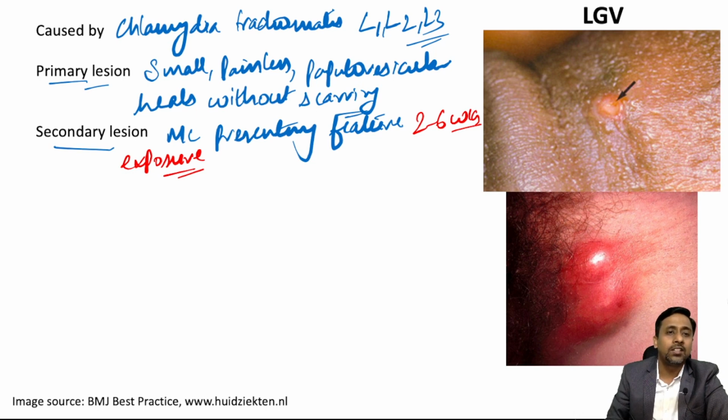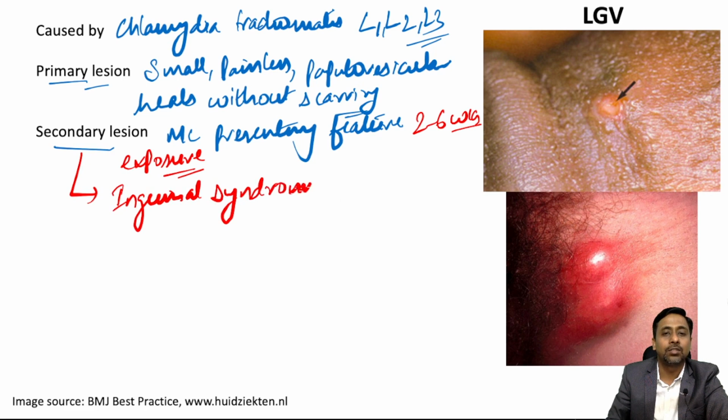Okay, and what is that secondary lesion? Secondary lesion is known as inguinal syndrome.